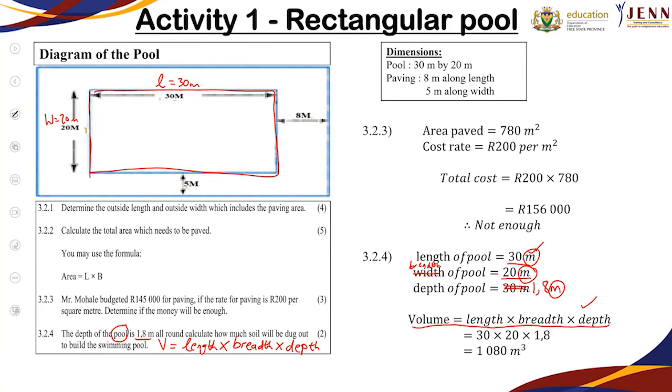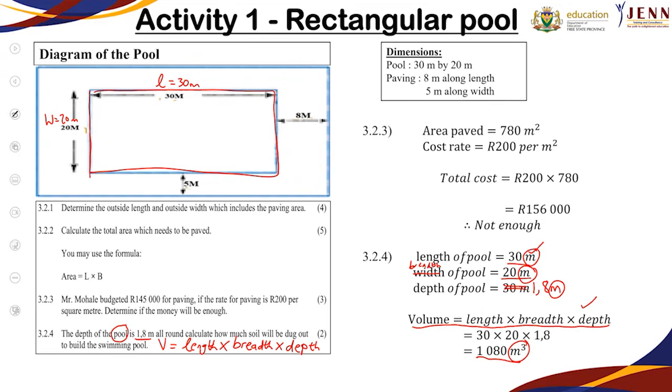So remember what the volume is: what you fit inside. So now you are digging out the dirt, you're digging out the things that are inside, né? So that you can build your pool, okay? So that is the volume. So that is 1,080 cubic meter.